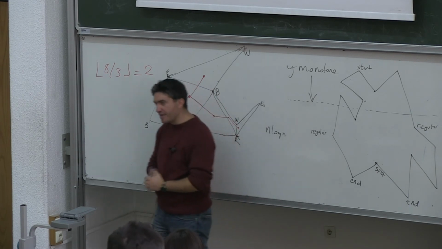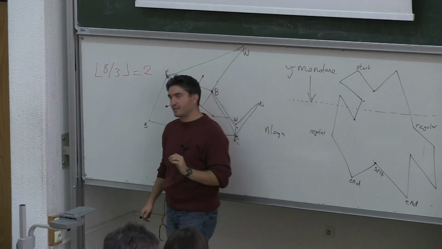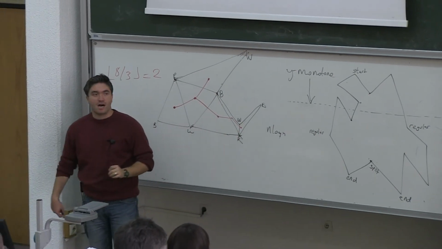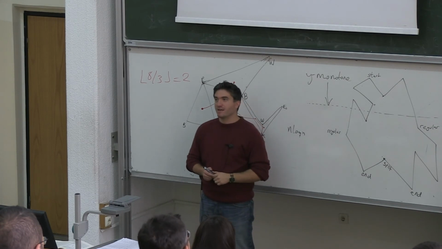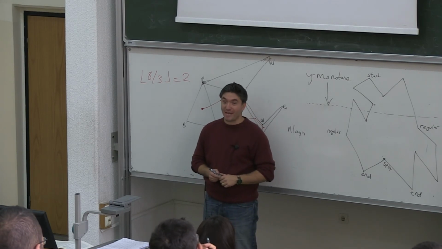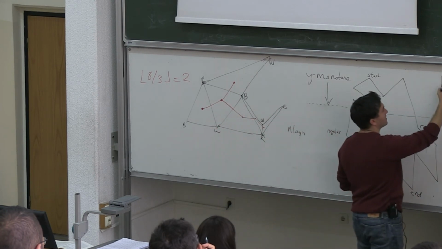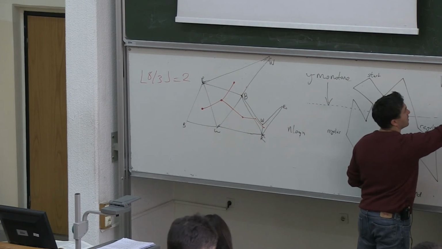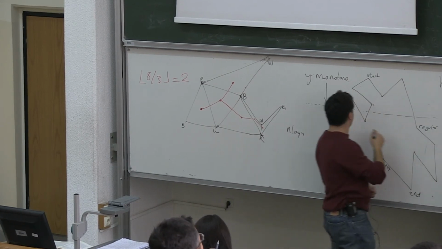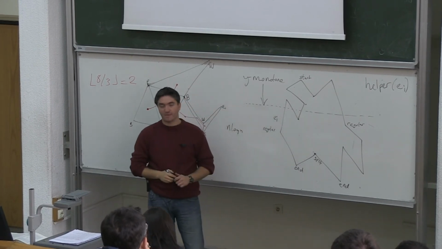Now, in addition to the list of edges that intersect with the sweep line, I'm also going to use a concept called the helper vertex of an edge. For example, this is e_i.